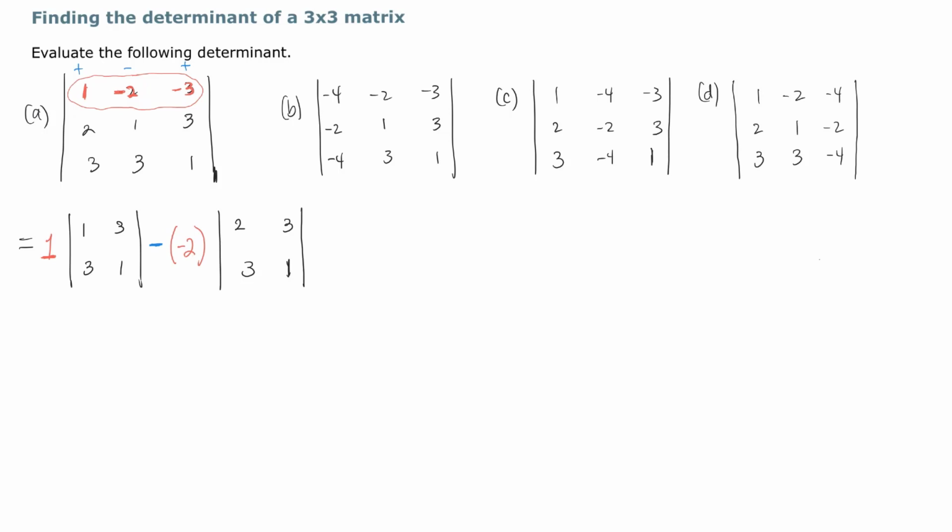And then one more expansion for the last number in the first row. We're going to add a negative 3. That just means add the opposite, right? And then what's left? What's the determinant that's left?